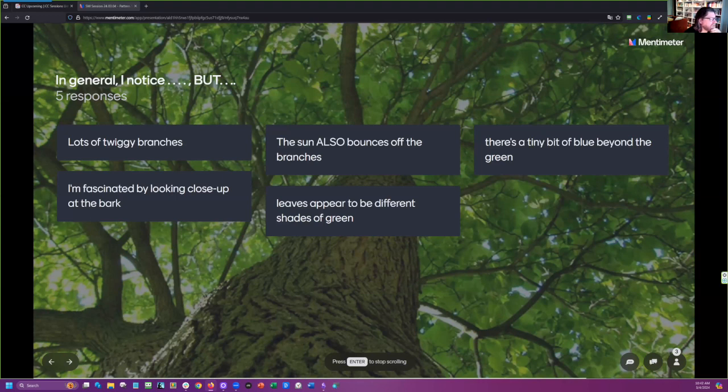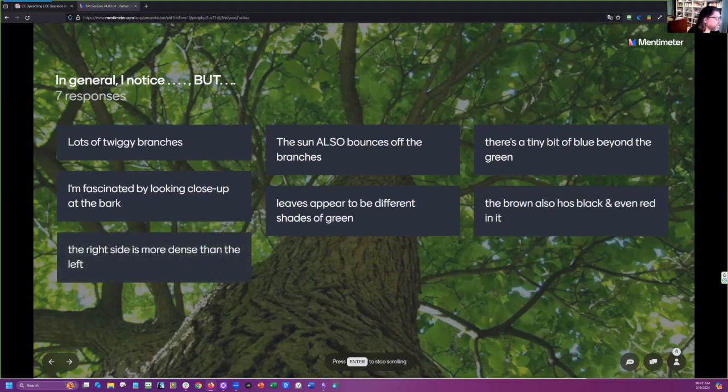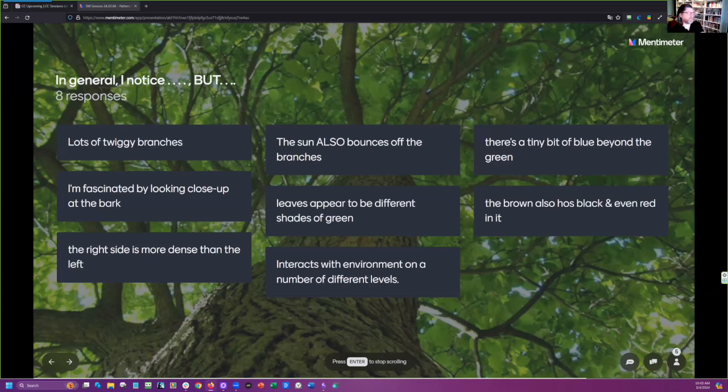Different shades of green. Oh yeah. Black and red. Okay. Right side more dense than the left. All right. This is great. Great for a Monday morning, letting our brains stretch and flex a little bit.